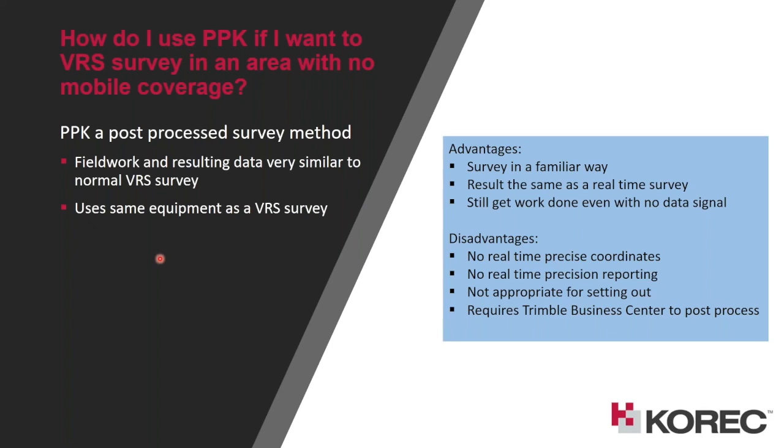And as a post-process method, there's no real-time precision reporting for each point measured, so if trying to measure a point in a slightly adverse position, perhaps with respect to sky view, other than perhaps PDOP, there'll be no instant feedback warning you of the precisions.